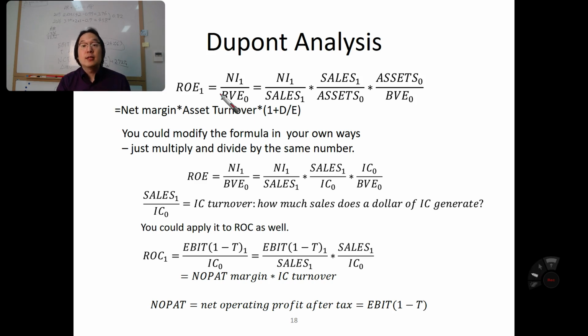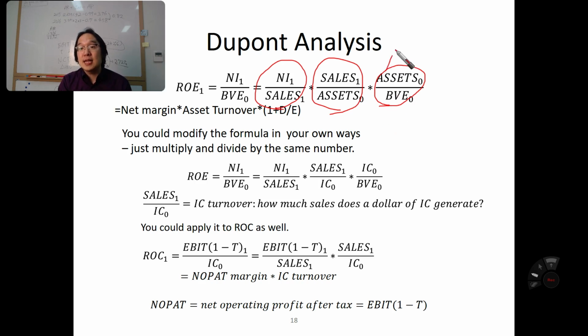ROE, right, is decomposed into three components: net margin, and then we call this asset turnover, and then this one, assets over book value of equity. I would say 1 plus leverage ratio kind of things. Why is that the case?